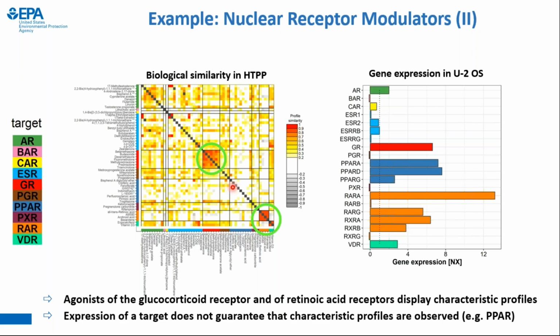So my conclusion from that is that if we want to make predictions about mechanisms, we should only make predictions if we see multiple reference chemicals, or annotated chemicals, having the same characteristic profiles. Because if they all have different profiles, that indicates to me that they are more likely hitting an off-target effect. So we definitely need to make sure that we get multiple chemicals with the same profile, so that we would have any confidence in our predictions.